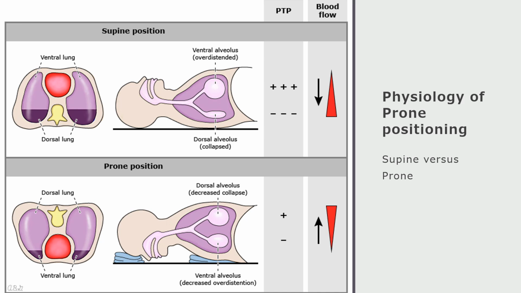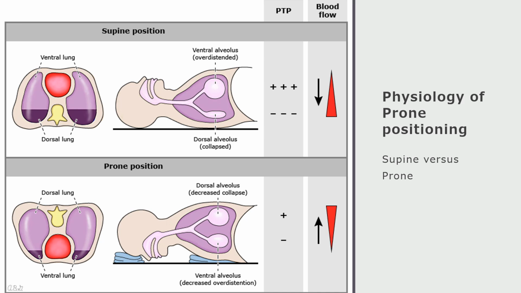Prone positioning reduces the difference between the dorsal and the ventral transpulmonary pressure, making ventilation more homogeneous, leading to a decrease in ventral alveolar overinflation and dorsal alveolar collapse, and recruitment of alveoli that had collapsed during supine ventilation.